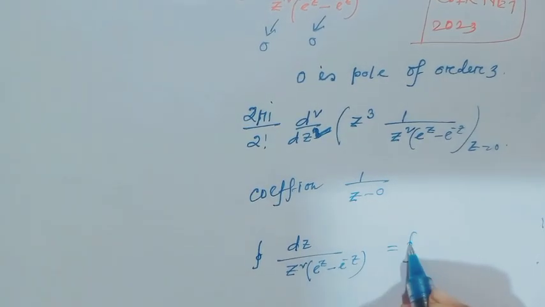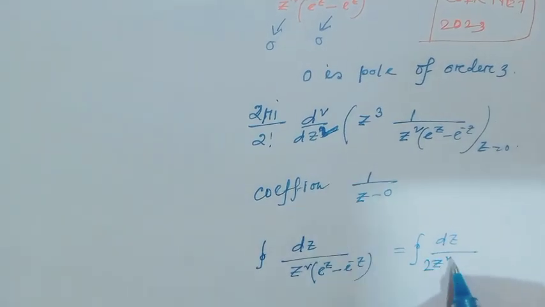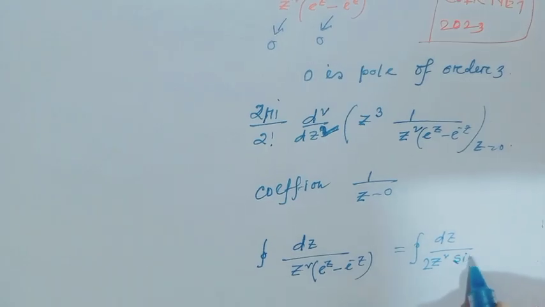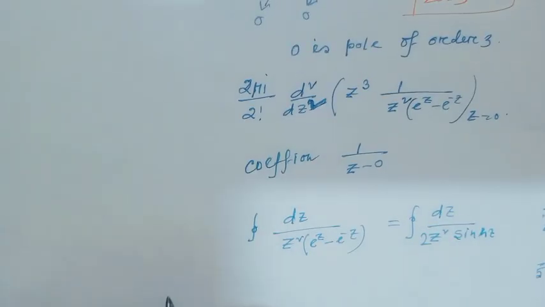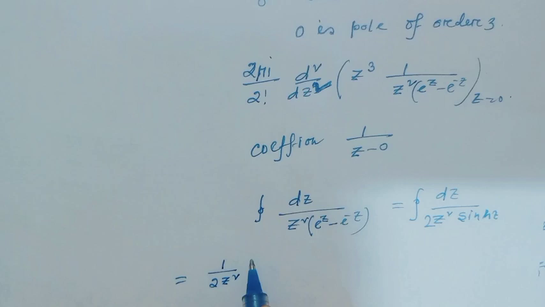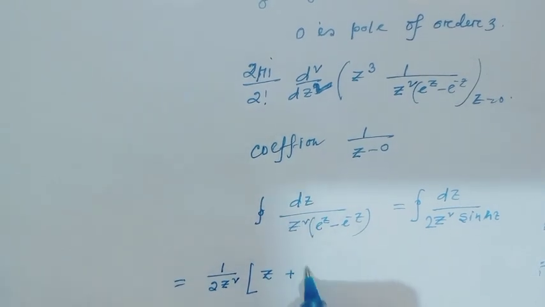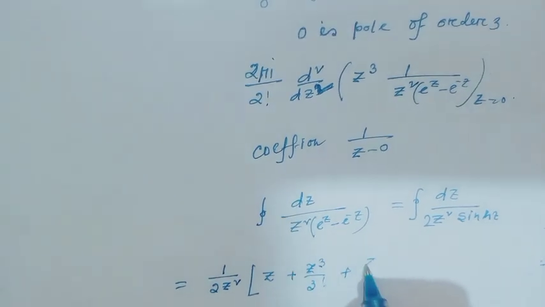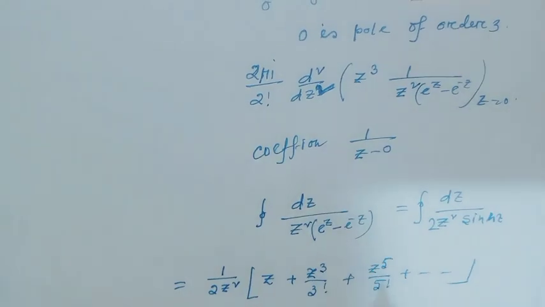We can write this as dz over z squared times 2 sinh z, and this is equal to 1 over 2z squared times (z plus z cubed over 3 factorial plus z to the power 5 over 5 factorial, and so on).